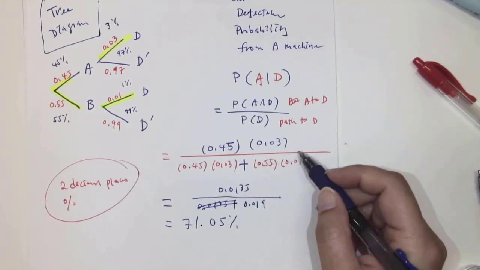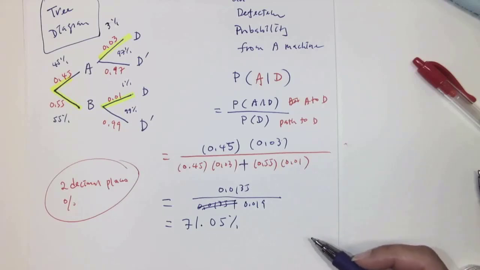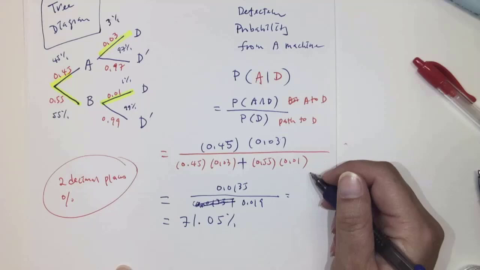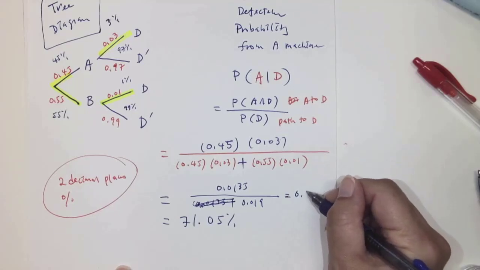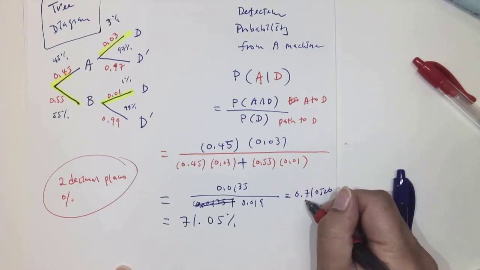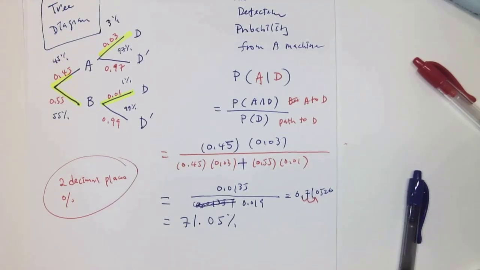So if you cannot get the answer in one step, just do it step by step. Just break it into more steps, okay? Because this would be a decimal number of 0.710526, and then you move 2 decimal places to change it to a percentage, right?